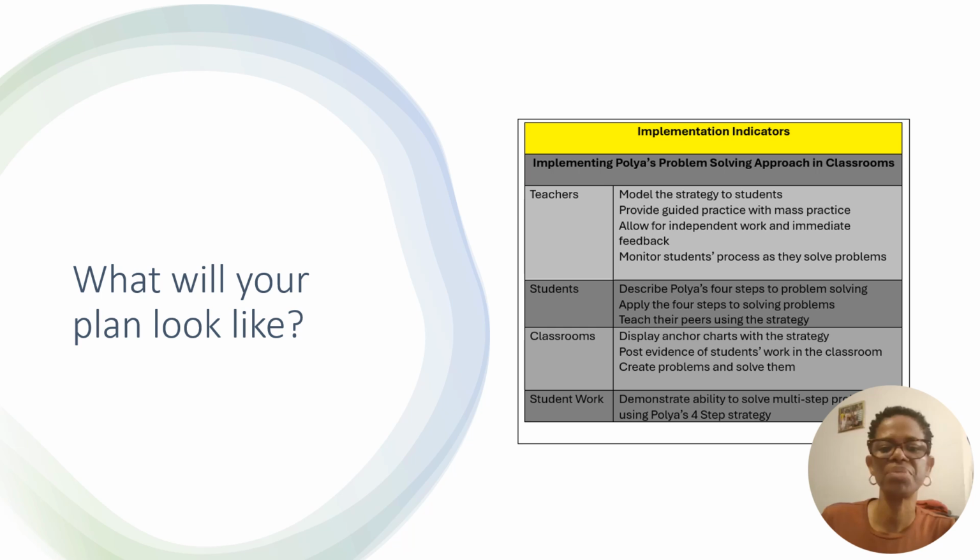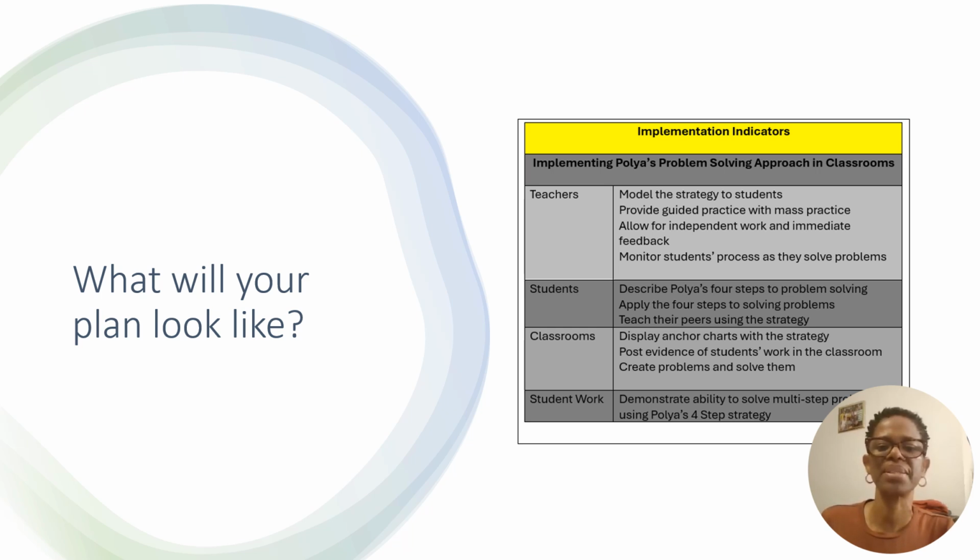Who's going to be involved? So teachers, students, the classroom space, the students' work. And you want to outline certain criteria that you will use to evaluate how the plan is going to work and what it will look like when it is implemented.